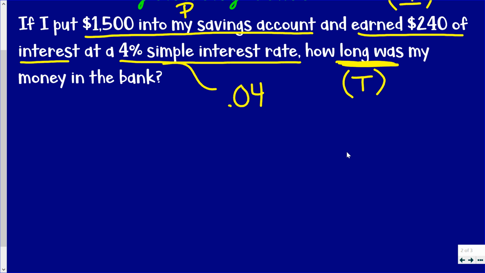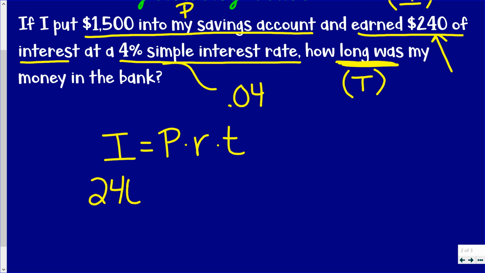All right. Once again, starting my formula. I equals P times R times T. All right, well, we know our interest earned is $240, so our I is 240. Principal, the original amount was 1,500. The rate in which we were at was 0.04.